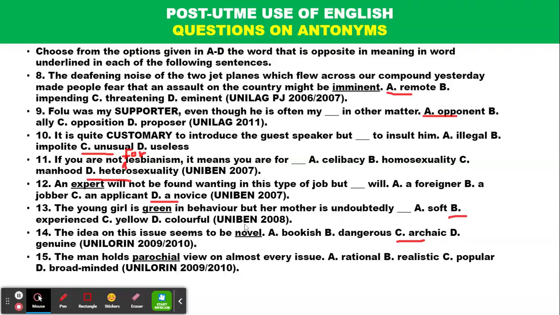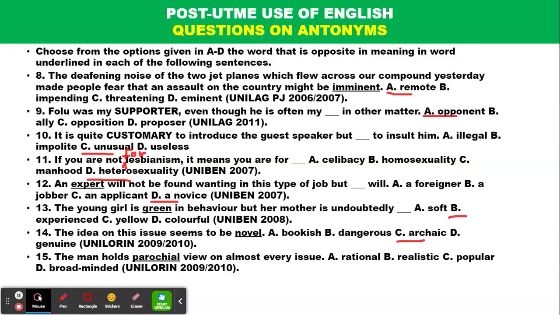Benin is the capital of Edo State in Nigeria, and University of Benin is UniBen. University of Ilorin is Uni Ilorin. So we have taken questions from some of these major universities in Nigeria, just to give you some idea about what their post-UTME use of English questions look like.